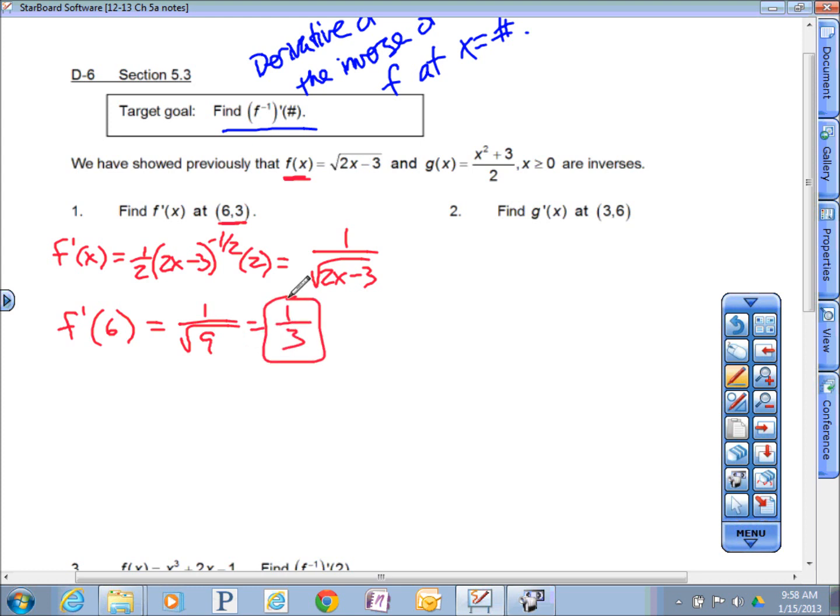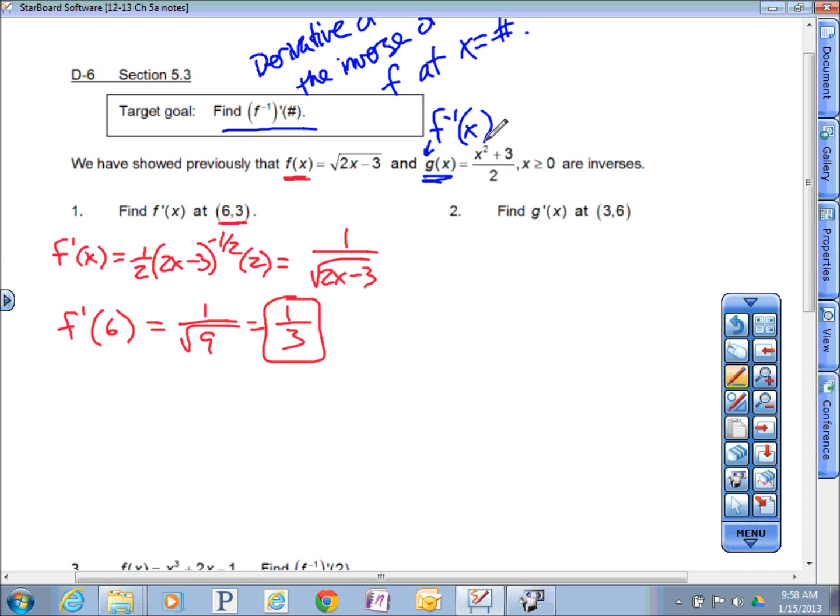Okay, I'm going to use g of x as the blue one. Now remember, we just showed a minute ago that g of x is the same as f inverse of x. Let's write that so it looks like it's supposed to when we look back at these notes. So f inverse of x is the same thing as g of x.